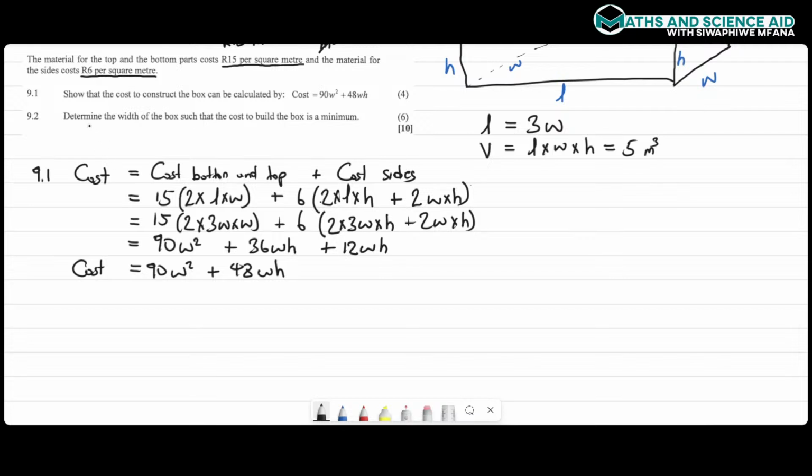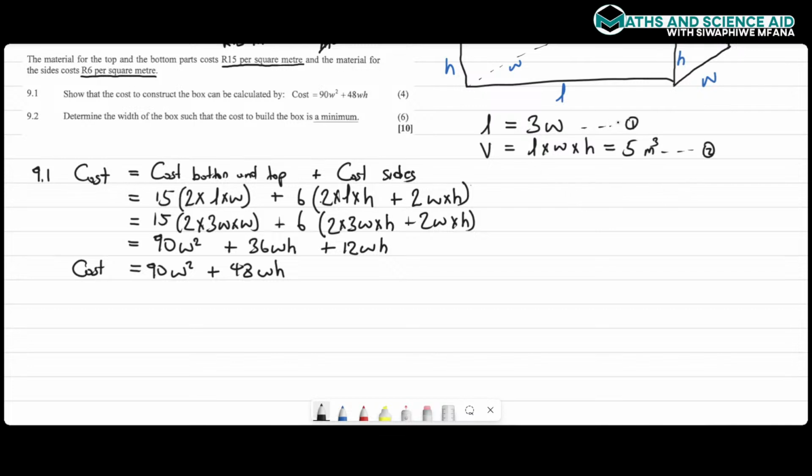Now 9.2, they say determine the width of the box such that the cost to build the box is a minimum. So again, that's the actual optimization problem here. But before we can move on, we need to find a way to get rid of this H here. So I'm going to call this equation 1 and this one equation number 2.